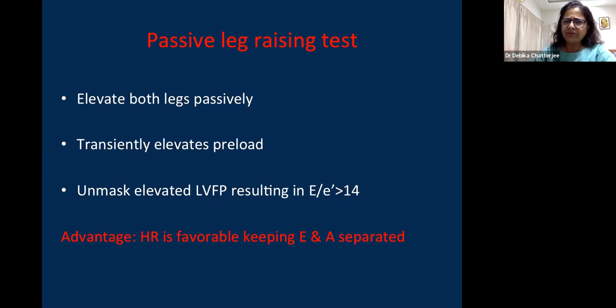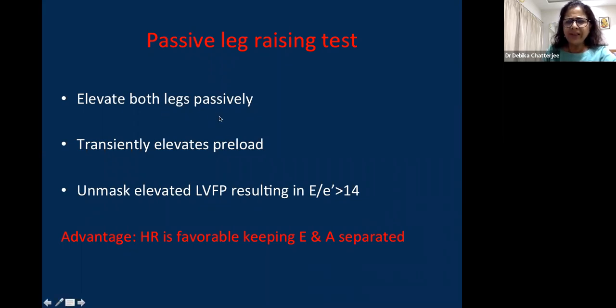Because of the elevation of the legs, it will increase the preload. And as soon as the preload increases, that will unmask the elevated LV filling pressure, and E by E prime will be higher, which was normal at rest.